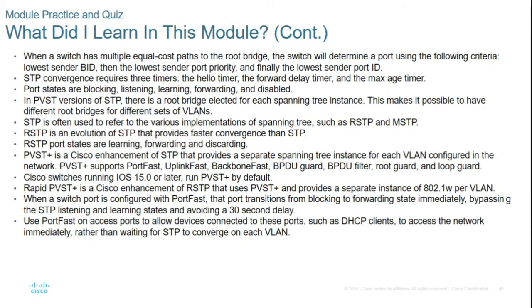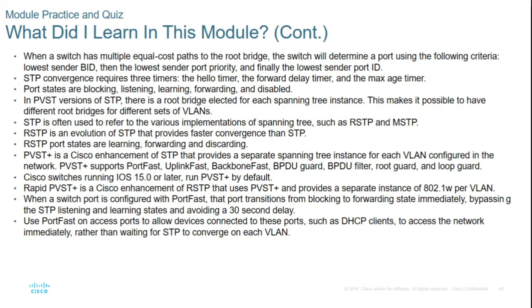In case of multiple equal cost paths to the root bridge, the switch will determine a port using the following criteria: lowest sender bridge ID, lowest sender port priority, and lowest sender port ID. STP uses three timers: hello timer, forward delay timer, and max age timer.